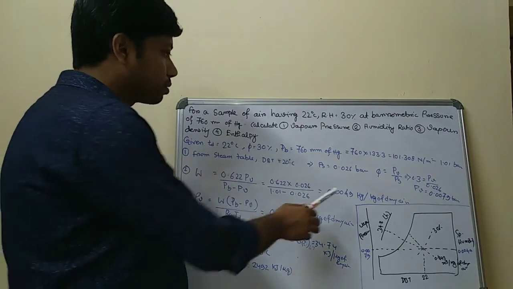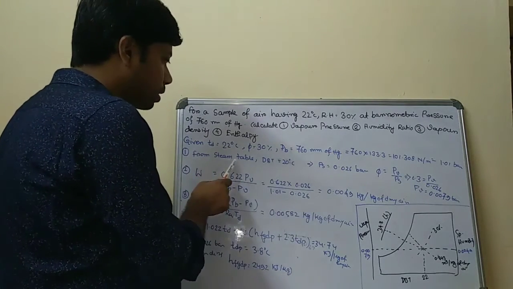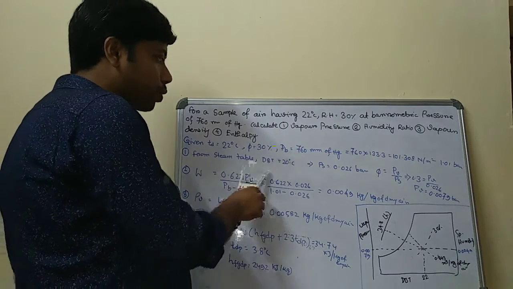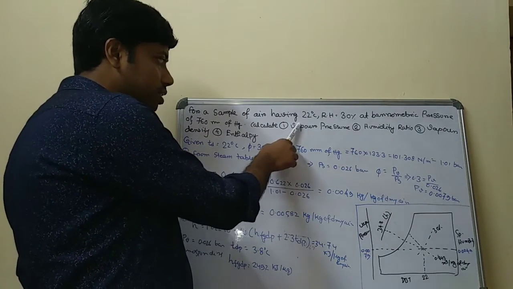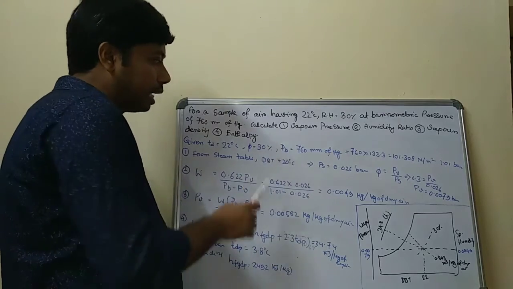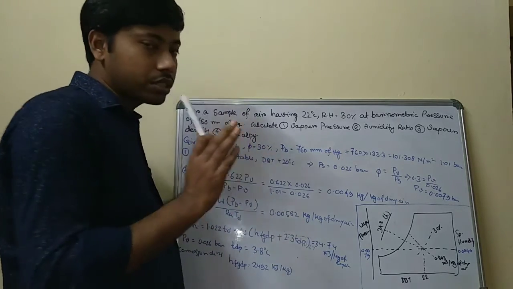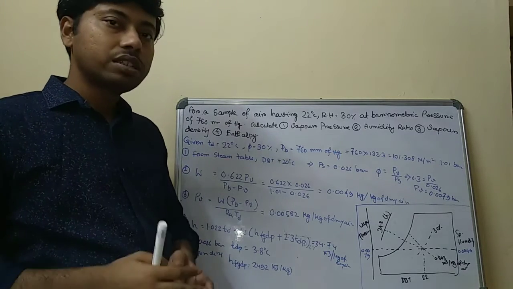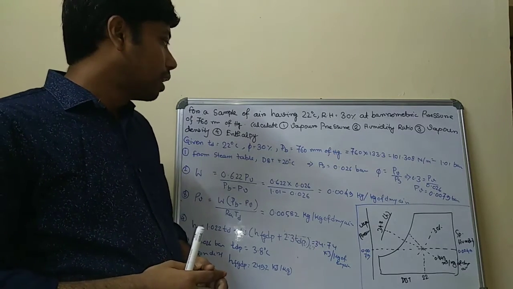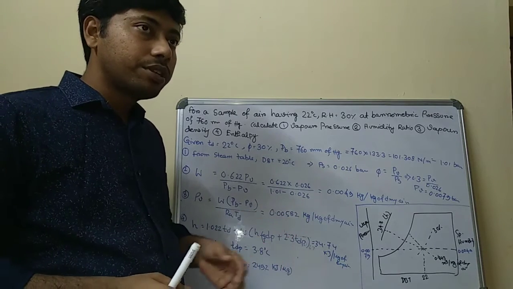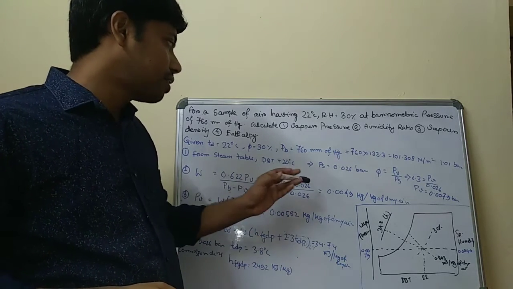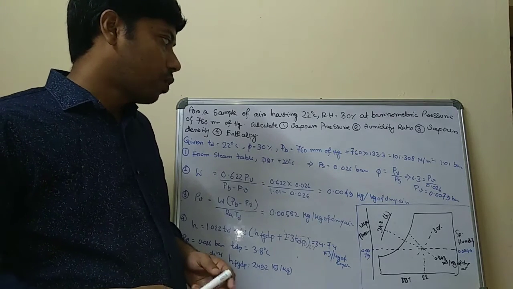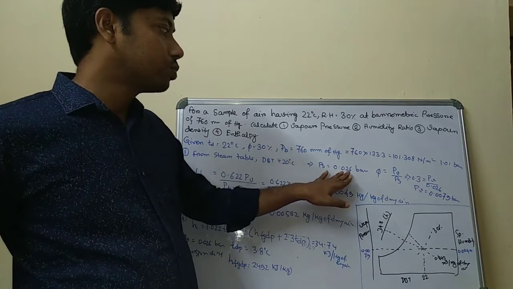So first of all, from the steam table, we take the temperature as 20 degrees Celsius, and corresponding to this you have to calculate the vapor pressure. If you go to the saturated water steam table at temperature scale, around 20 degrees Celsius, you can see that the saturation pressure is 0.026 bar. So PS is equal to 0.026 bar.